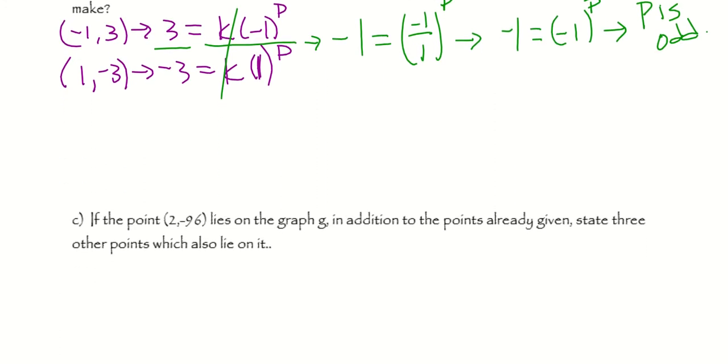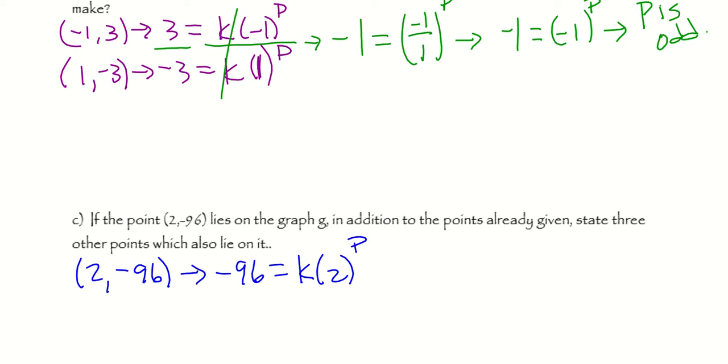All right. So now let's add another point. What if we know that the point 2, negative 96 is on the graph? Well, if we take 2, negative 96, and we plug that in, then we get negative 96 equals k times 2 to the p.